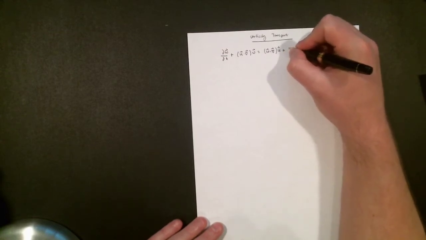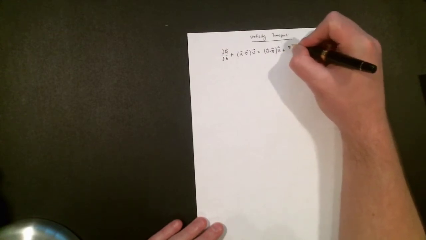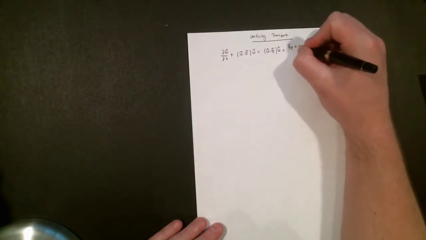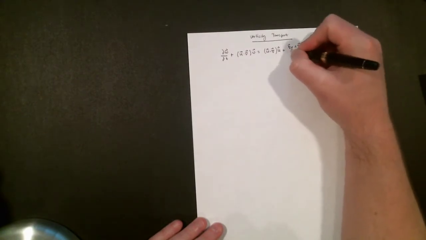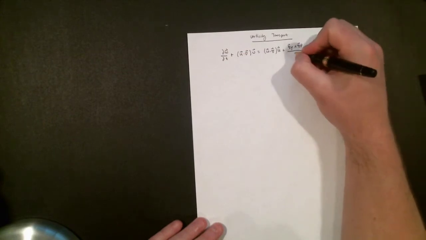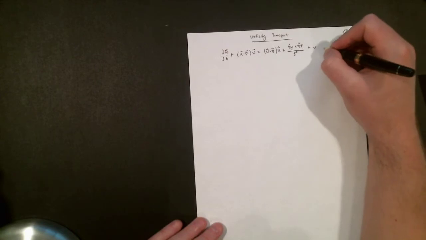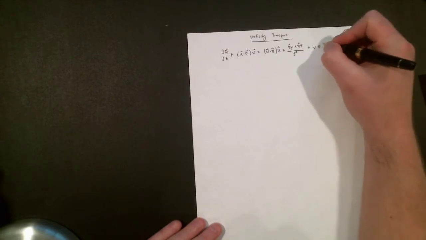Those are our two terms from advection. Plus del rho cross del p divided by rho squared, plus the diffusion of vorticity.